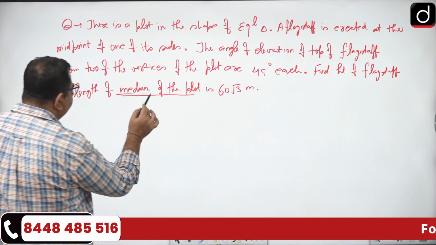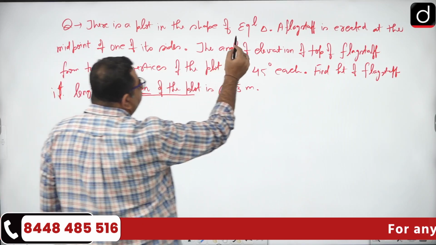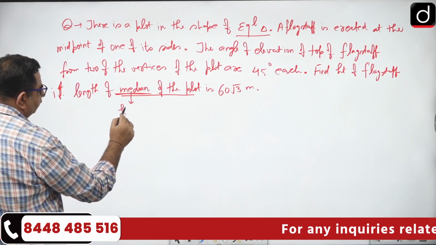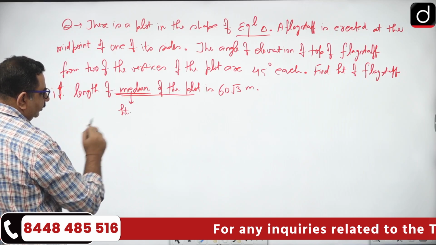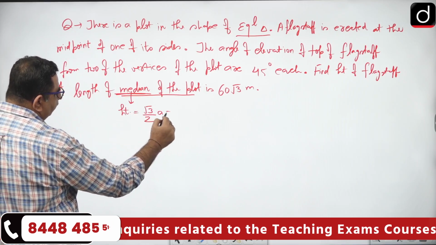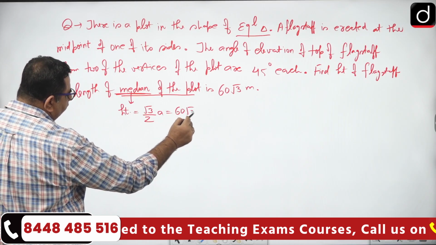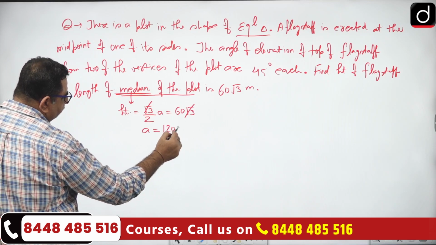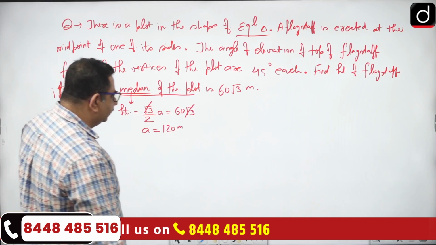So I know the median in case of an equilateral triangle is the same as height or altitude. So height of that is root 3 by 2 side, that is 60 root 3. So can I say the side of the equilateral triangle is 120 meters, right?